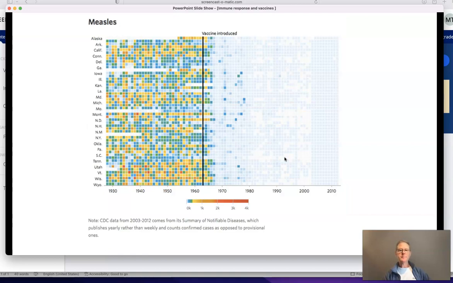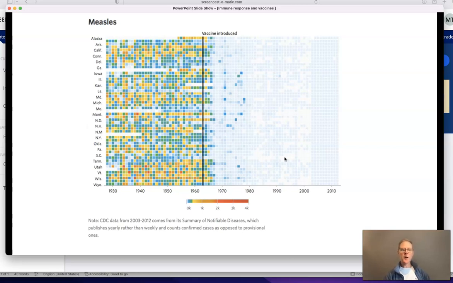Anyway, as just one example from measles, you can see the year where they introduced the vaccine, I think it was 64, and the number of cases then were, in some states, for some reason Montana was not too good, thousands of cases a year.